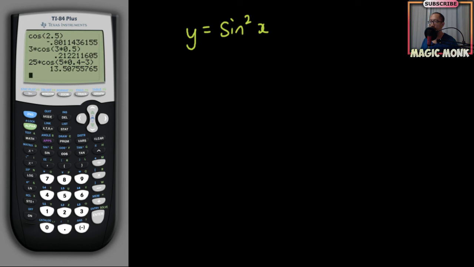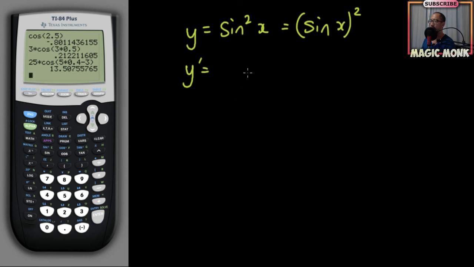Okay, so now let's do y equals sine squared x. So y dash equals. Okay, so sine squared x, what you want to do is rewrite that. Instead of sine squared x, you rewrite it as sine x squared.